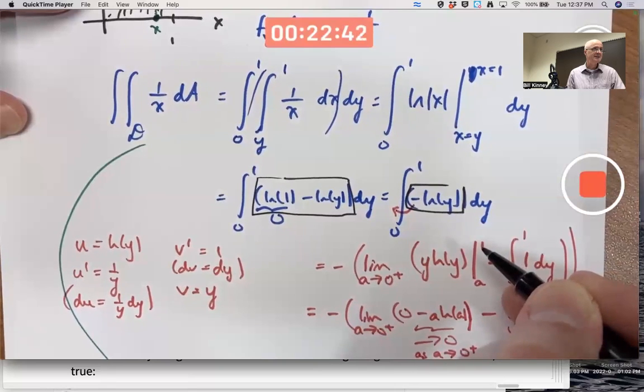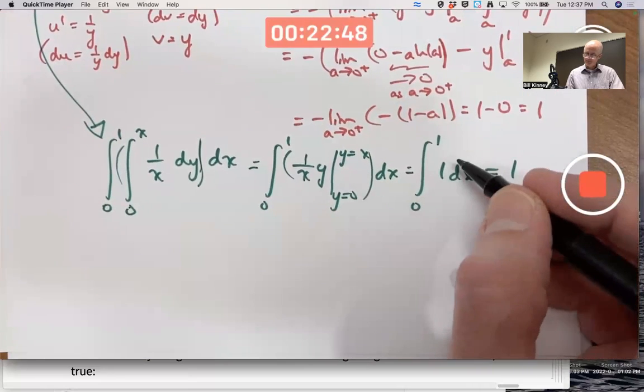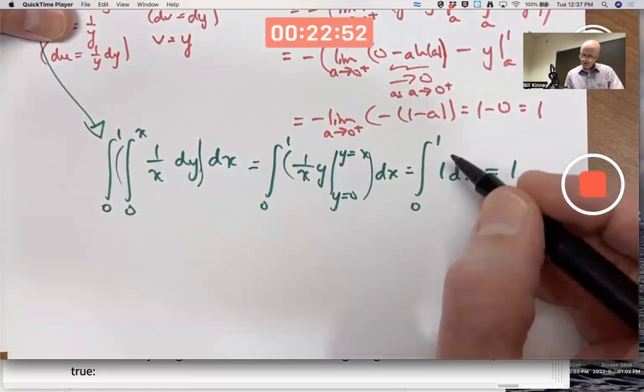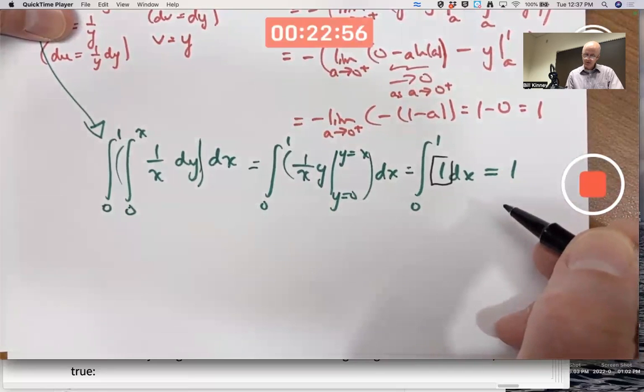We integrated out the x. And this one is the marginal PDF for x.